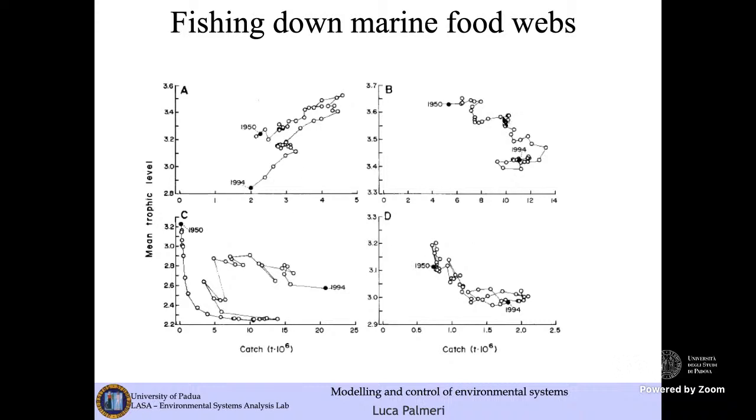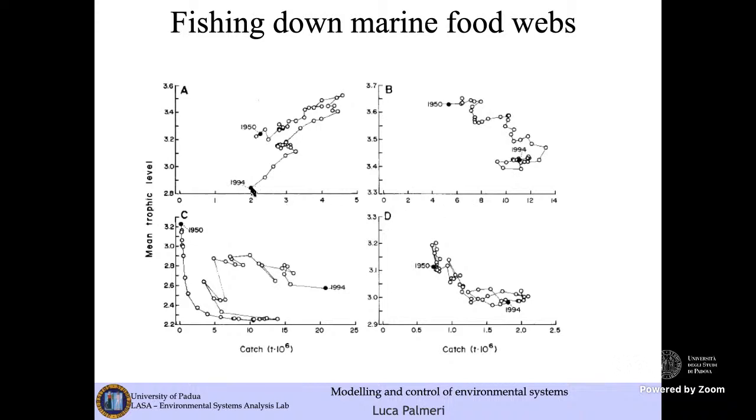I do not recall which ecosystems they are, but the important part of the story from these graphs is that while time is increasing, in 1950 the mean trophic level of this system was around 3 point something.